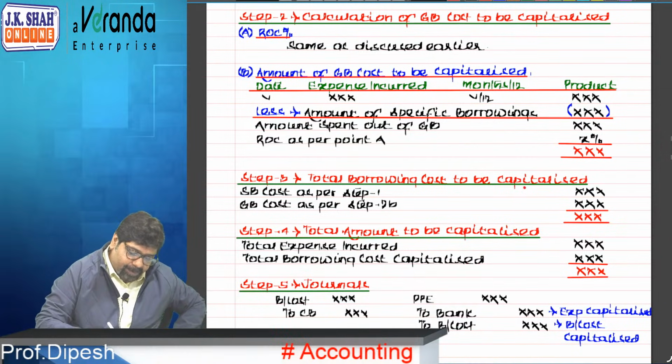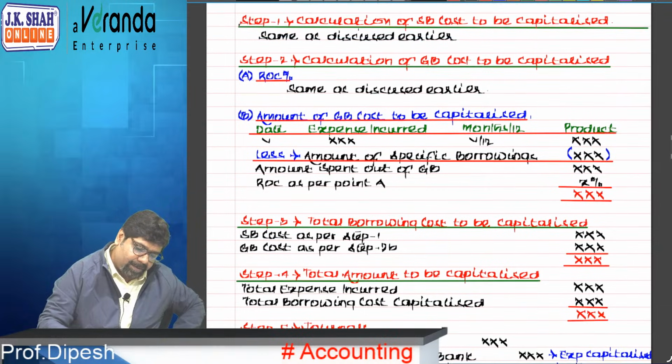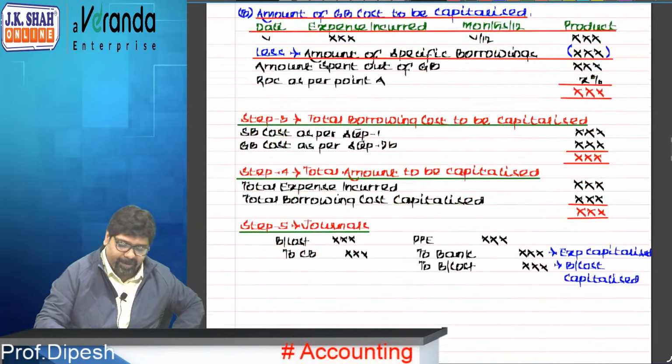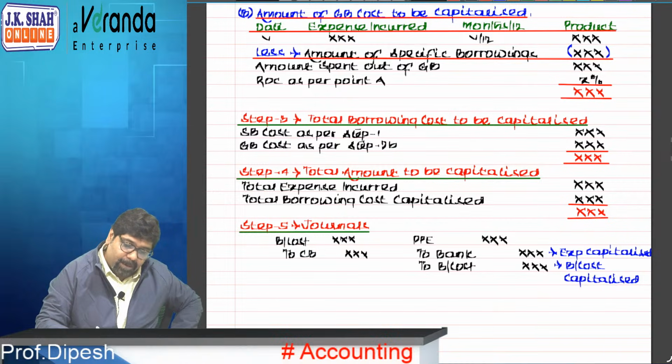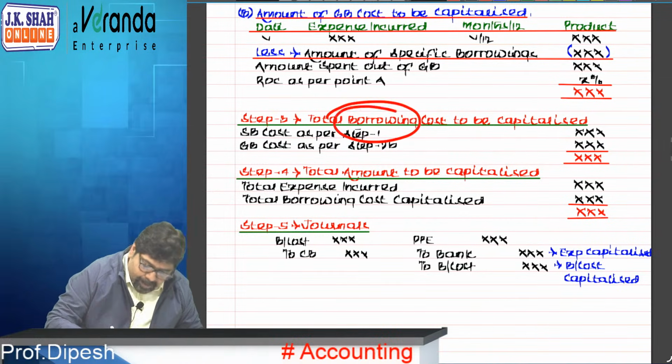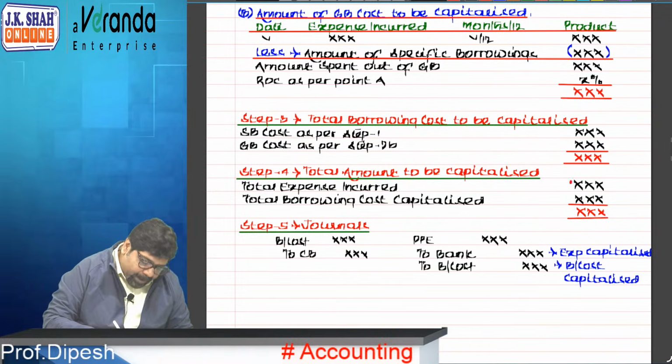Total borrowing cost to be capitalized is specific borrowing cost as per step 1 plus general borrowing cost as per step 2B. Whatever expense you have incurred plus total borrowing cost is the total amount to be capitalized.